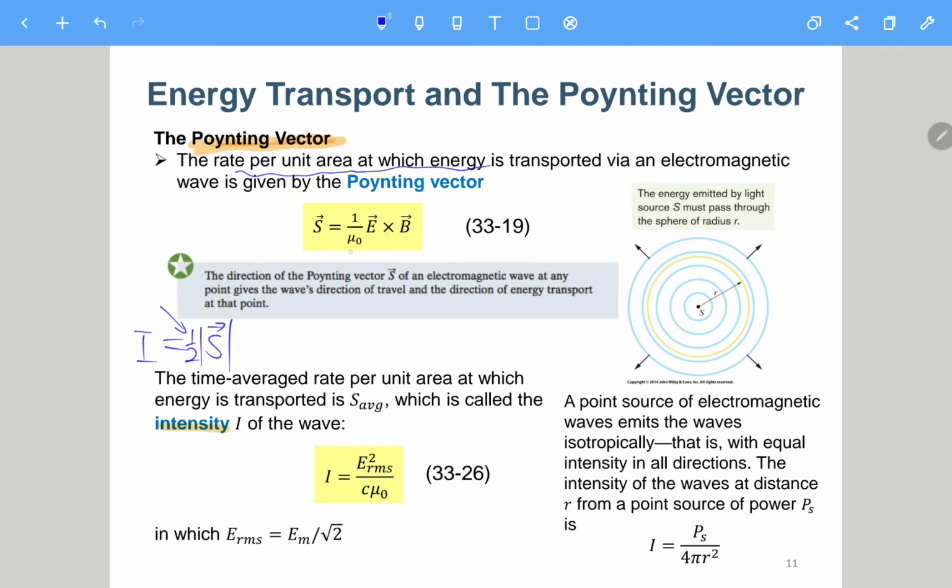So when we take this absolute value, it is 1/2, and then here we have EM and also BM over mu naught.